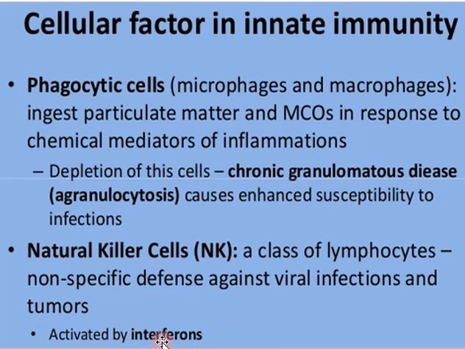This interferon protein activates the natural killer cell and finally destroys. So it acts for two things. Natural killer cell acts on tumors. Therefore, most of the time our body does not have a tumor, because natural killer cells act on the tumors and they are destroyed. Similarly, it can also destroy the viral infection in our body.